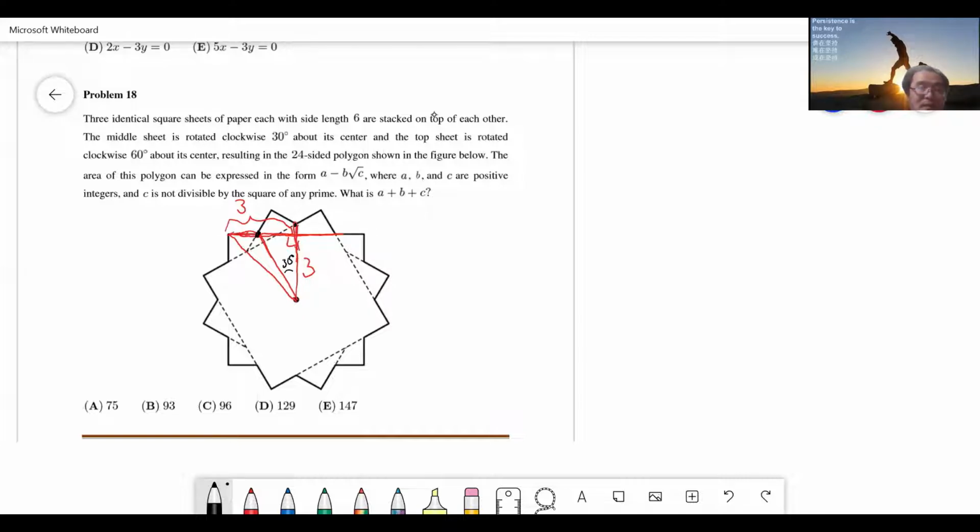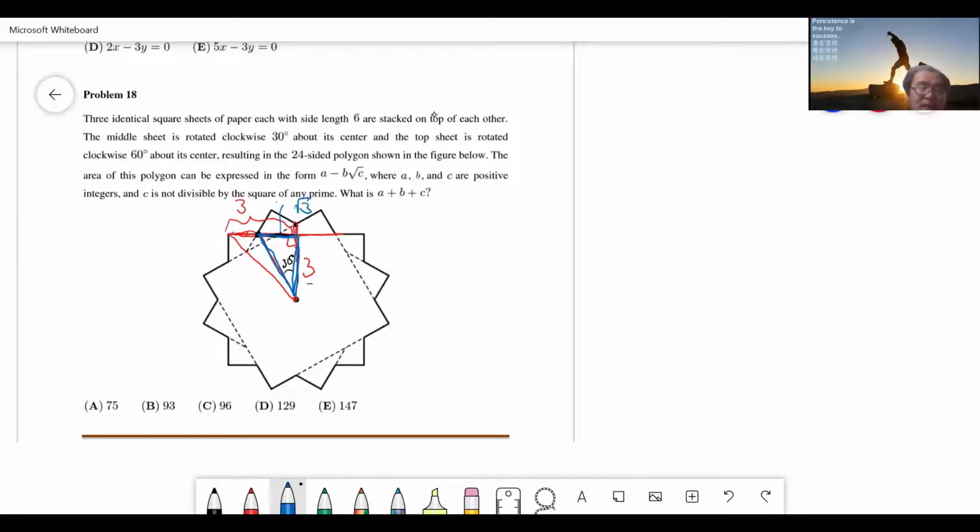So then this part is just the leg in this 30, 60, 90 right triangle shown here. So I'm going to just draw this in blue. So this blue triangle is a 30, 60, 90 triangle. This leg is 3, so this leg is going to be square root 3.